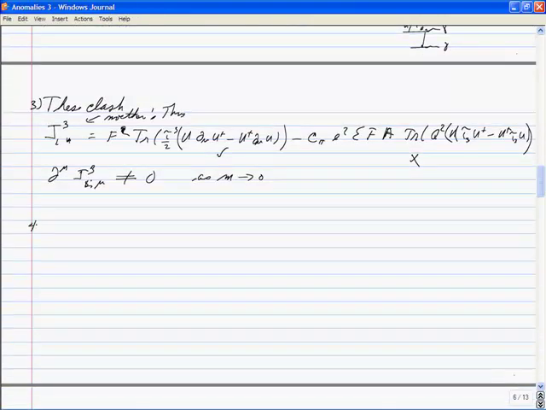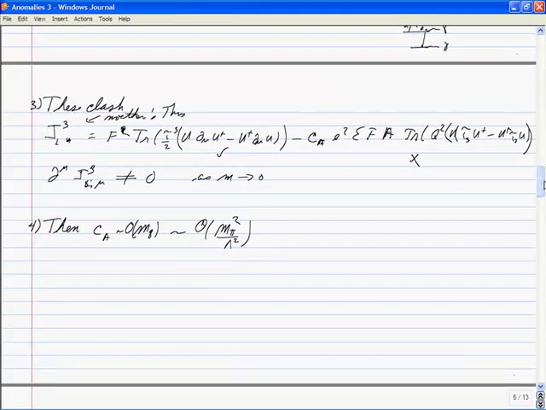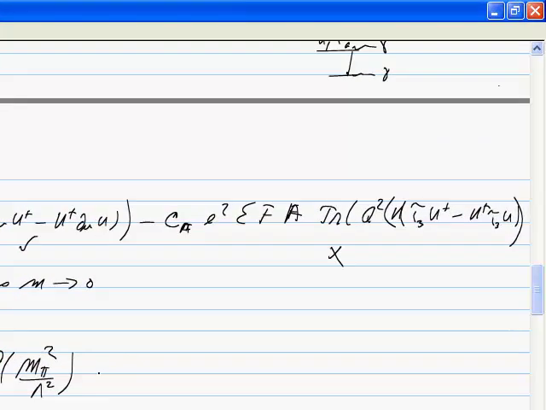So, fourth step says, then the only way that this works, then C_A, I think I called it, has to be of order m_quark, which in pion language turns into m_π squared, so it's of order m_π squared over some cutoff squared, some scale squared. So it would be okay if that were the case.